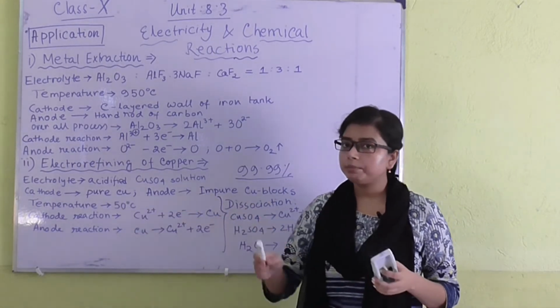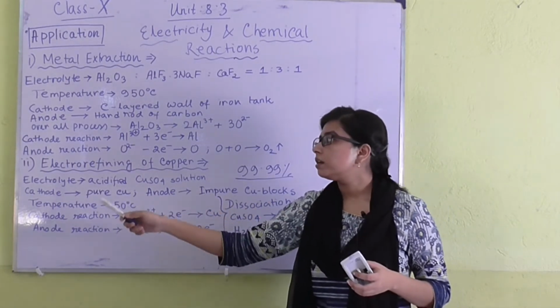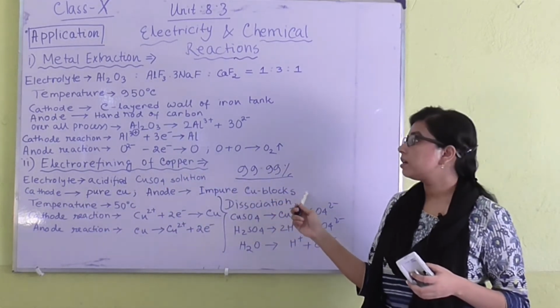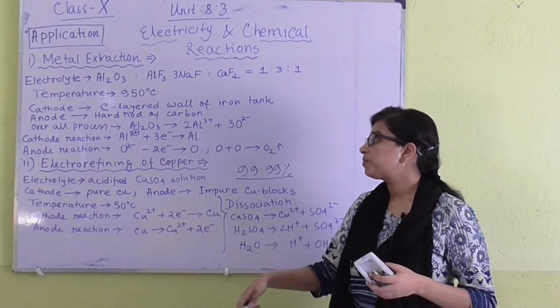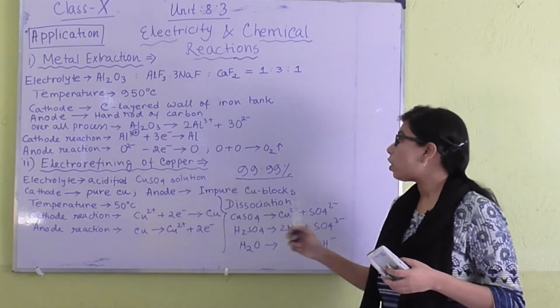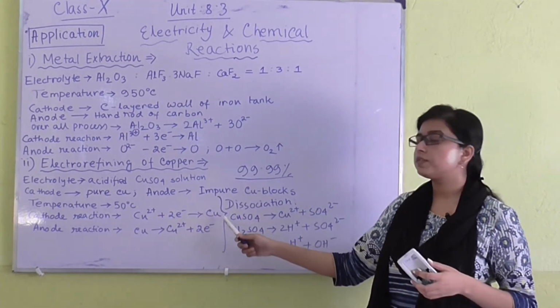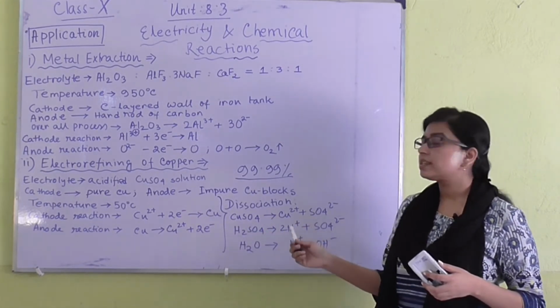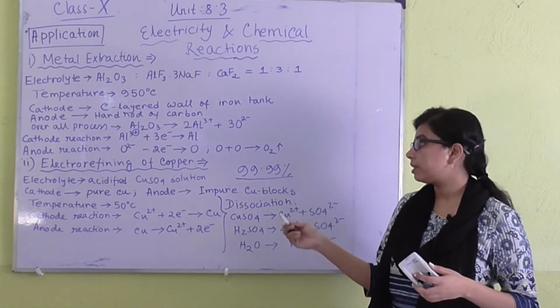Pure copper strip or pure copper wire we have to take as the cathode. Impure copper blocks will be at the anode, and at the cathode Cu2+ will accept electrons, forming copper metal, as the H+ ion is more electropositive than copper.